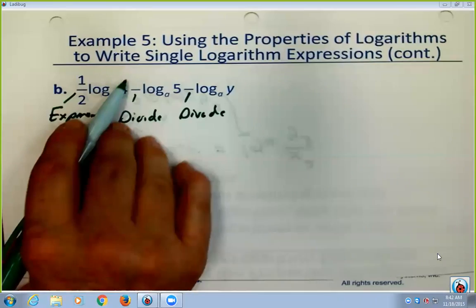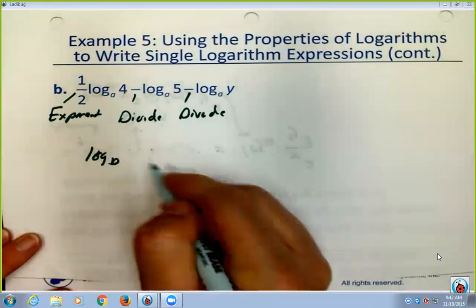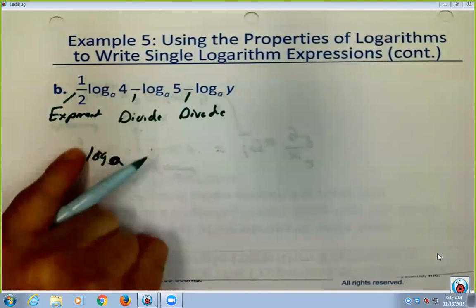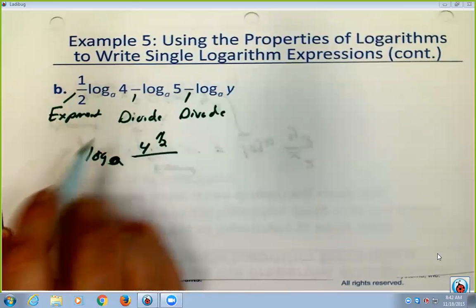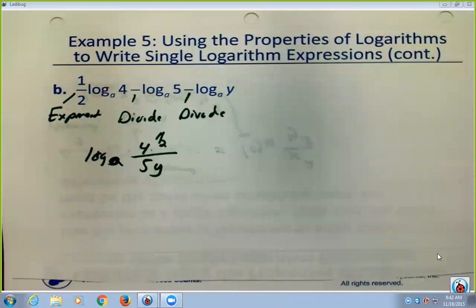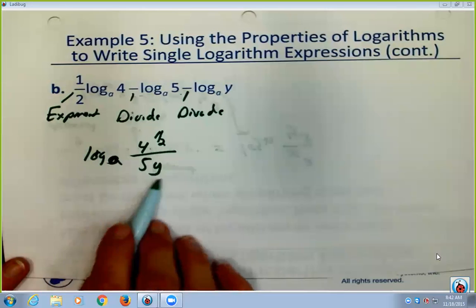So if I put the exponent back on 4, log a is my log base. Then I have 4 to the 1/2 power all over 5y, because they're both division pieces, and so they both need to be subtractions. So anytime you got 2 doubles on the bottom, make sure you subtract both pieces.